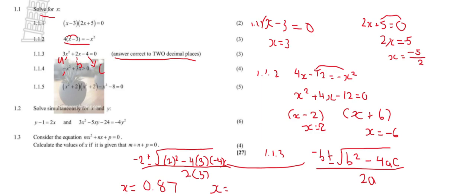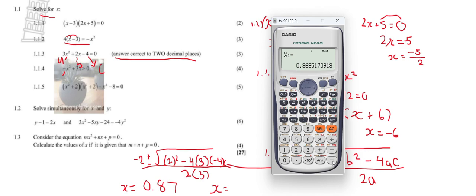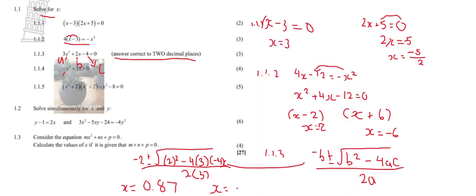Now we open up our calculator again and press equals. This 5 here is equal to 5, so this 3 becomes 4. So we have an answer of negative 1.54.